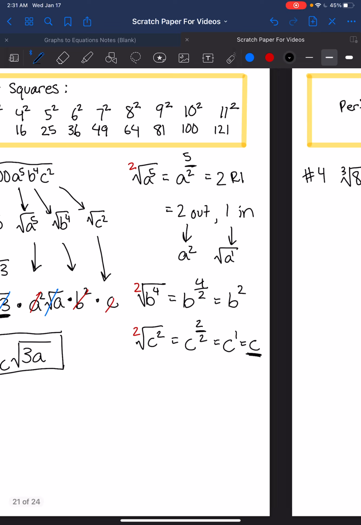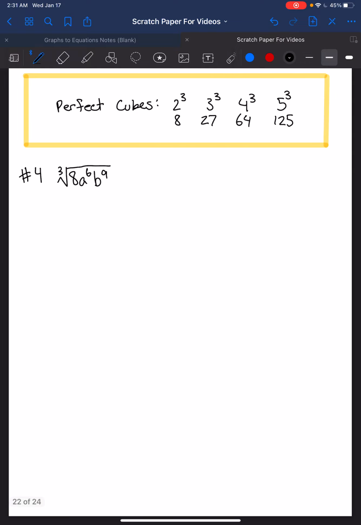All right. Now we're going to do 3 perfect cubes problems. They work the exact same way as the perfect squares. Okay. So first thing I want to do is break this down. We've got 3 parts here. Cube root of 8.